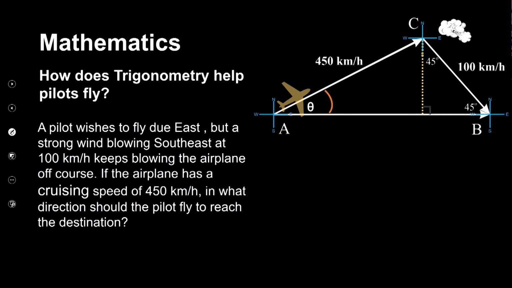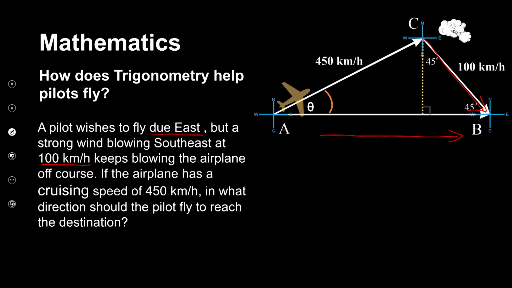So, here's a problem faced by our pilot. He wants to fly due east. In other words, he wants to fly to B, to the destination at B. But there's a strong wind that's blowing at 100 kilometers per hour in a southeast direction, that way.